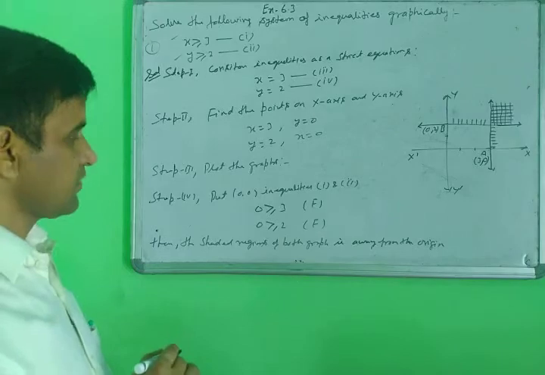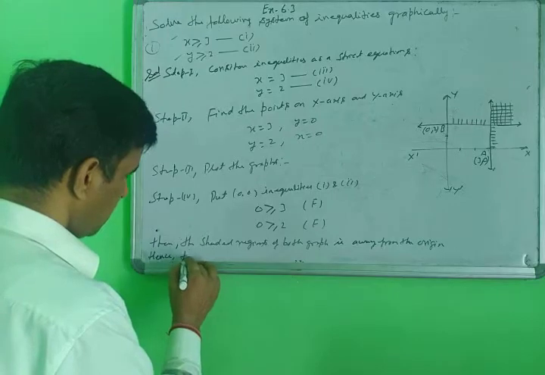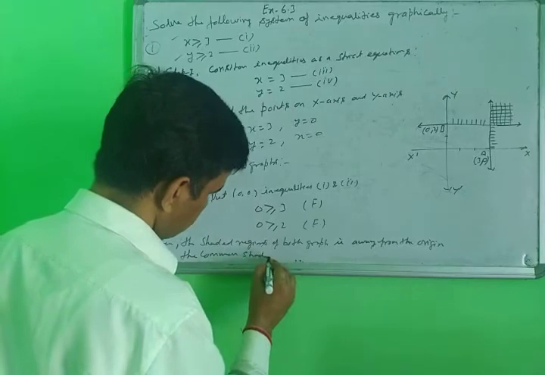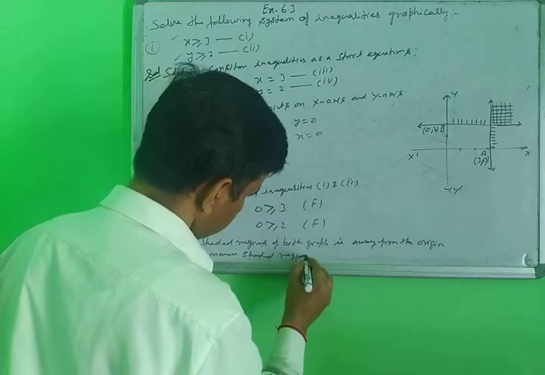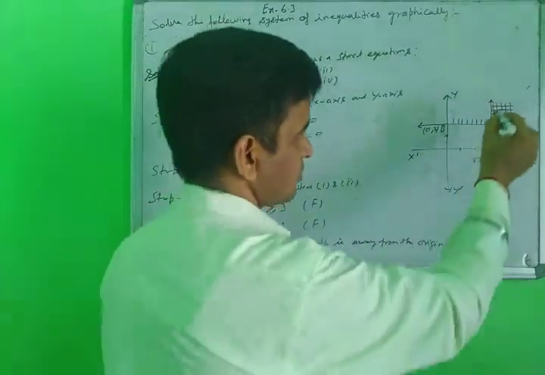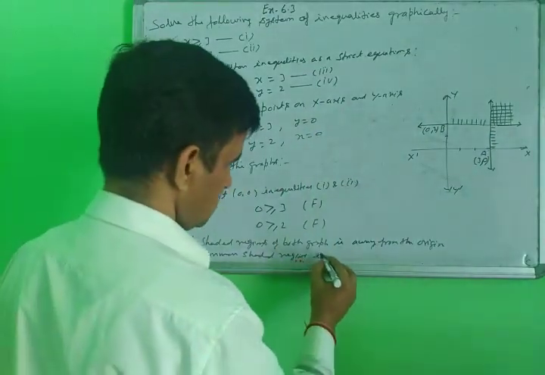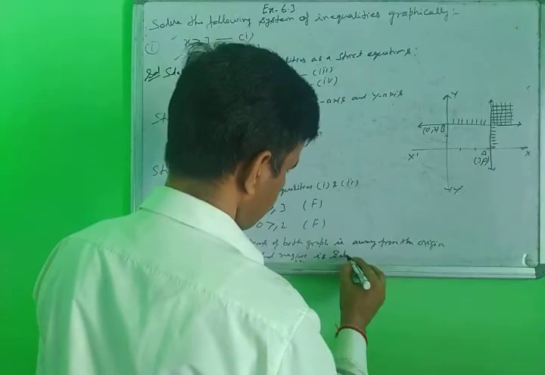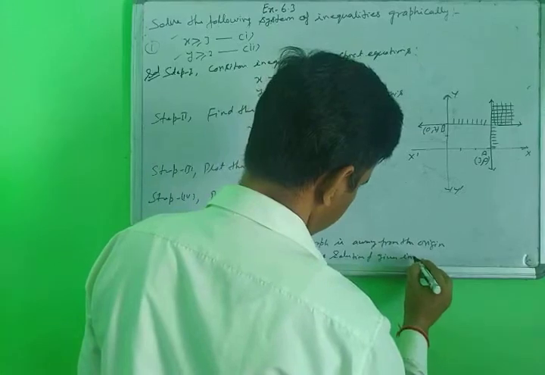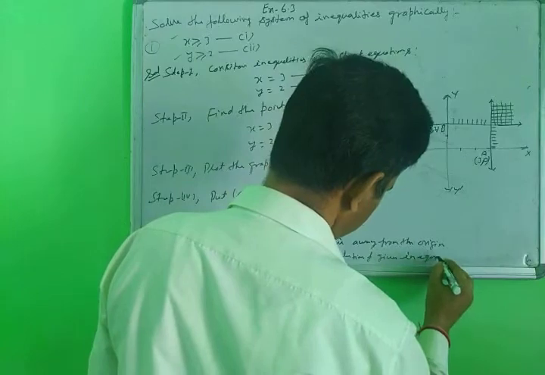You will note down here: hence the common shaded region, only this portion, the common shaded portion is the solution of the given inequalities.